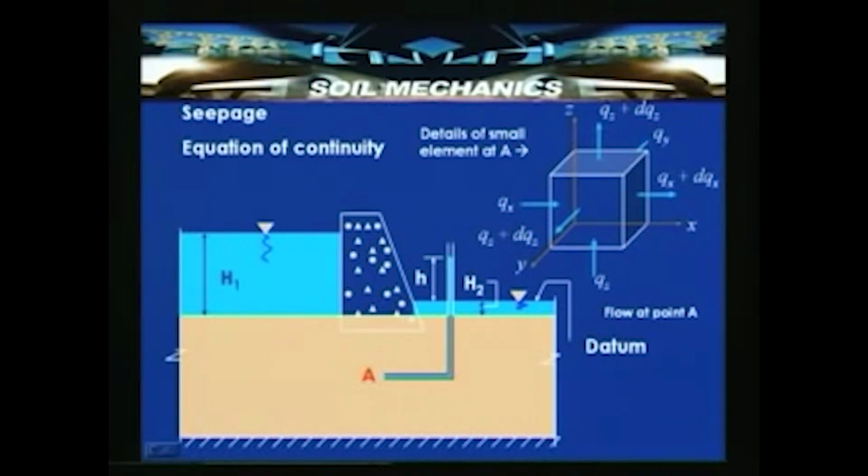So in the x, y and z directions, we have the flow entering the element and the flow coming out of the element. Now, let us apply these conditions along with the various forms of Darcy's law and try to derive the equation.